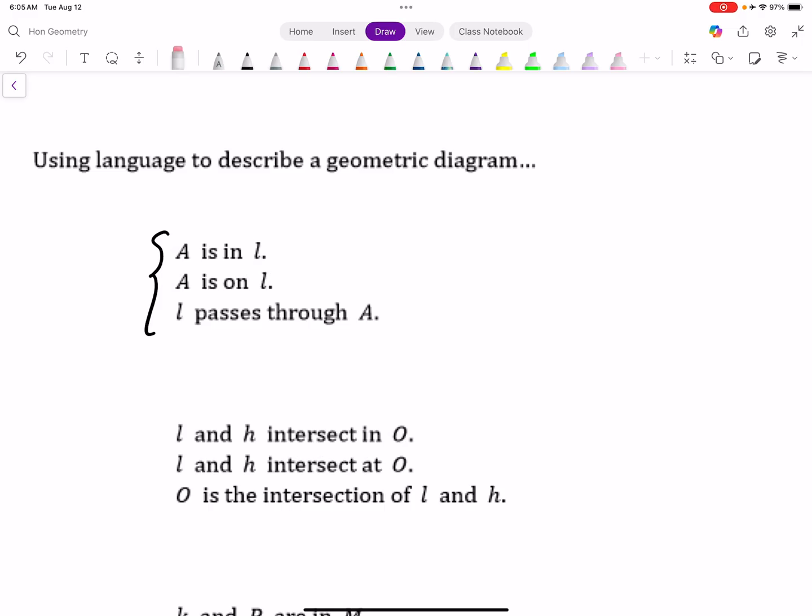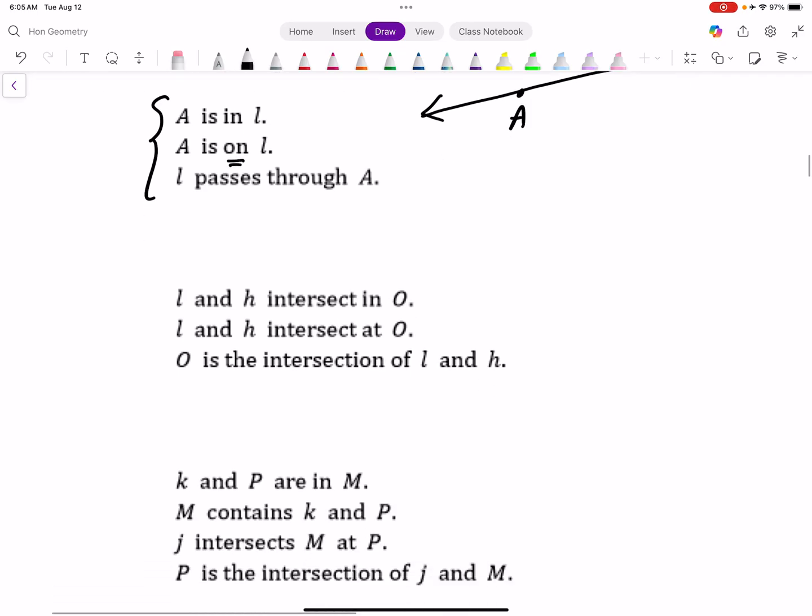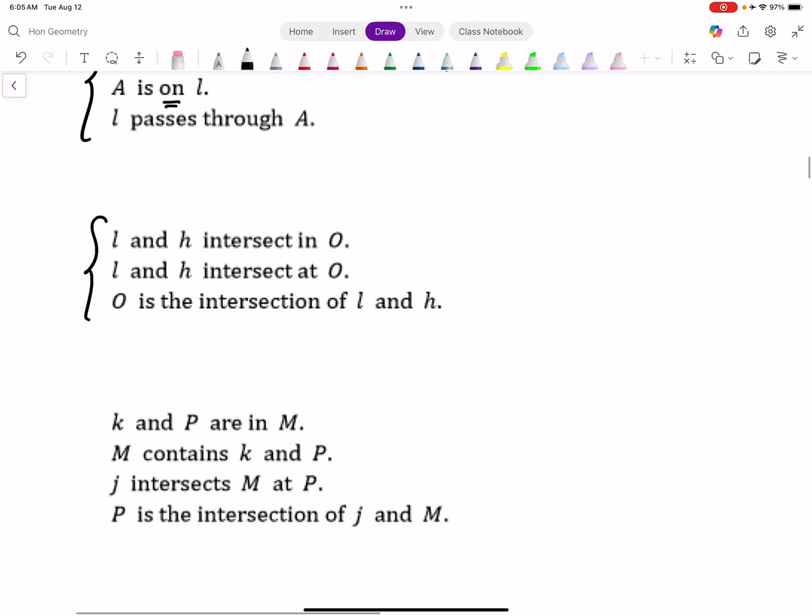So there's some line L that point A is in. Or you could say it's on it. I actually say on instead of in. I use that preposition more often. Or you can say line L passes through point A. So there's a picture that represents those three. Right here, we've got lines L and H. So there's a line L.